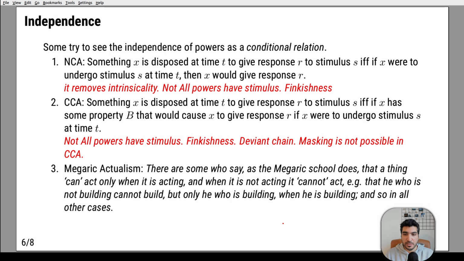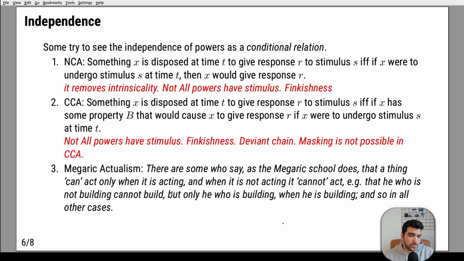For instance, Aristotle says that he who is not building cannot build, but only he who is building when he is building, and so in all other cases. So they said it's only when you're building that we can say you have the power to build. But if you're not building actually right now, then you don't have the power to build.